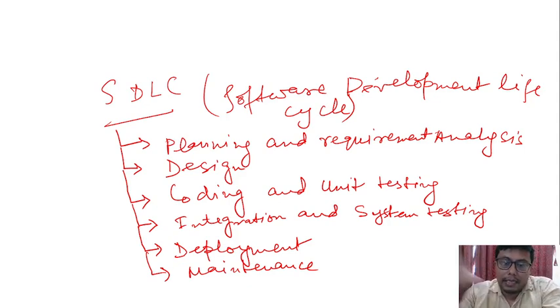Once planning and requirement analysis is over, there is a phase which is your design phase. In the design phase, you need to design each functional unit of a software.